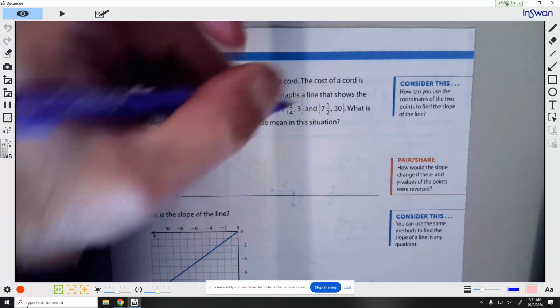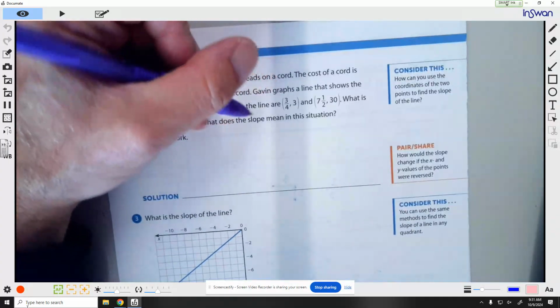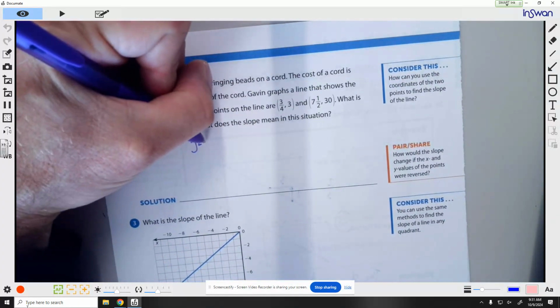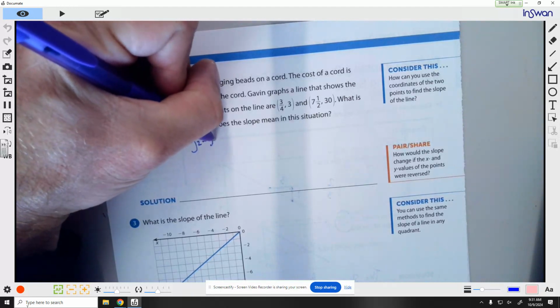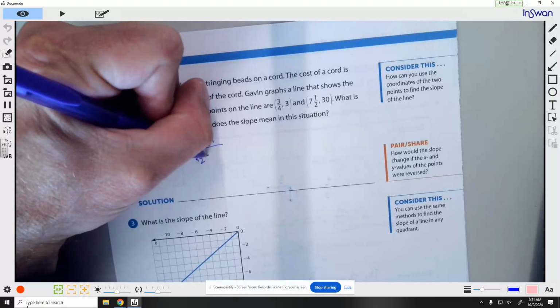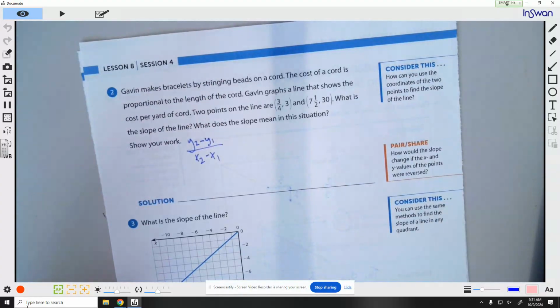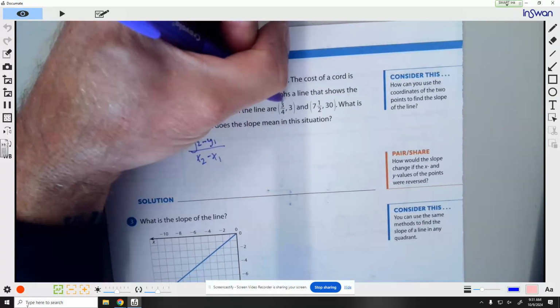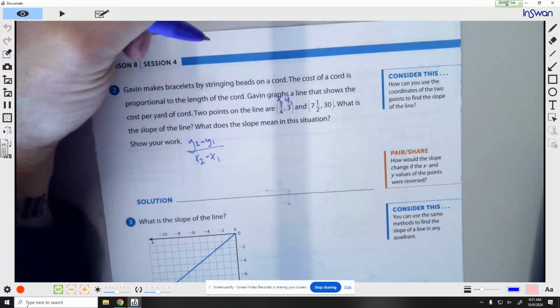So in this case, we don't have a graph, so it's probably easier just to use the slope formula. So the slope formula reminder is the second y minus the first y over the second x minus the first x. Okay, so I'm going to go up here, I'm going to label my points. So I know this is the first x, that's the first y.